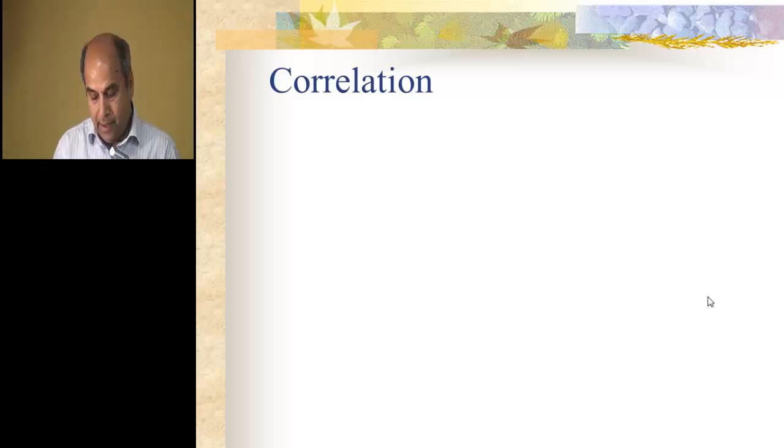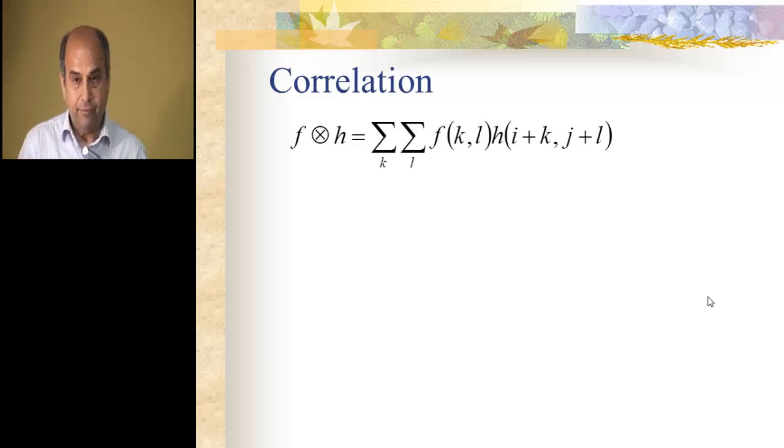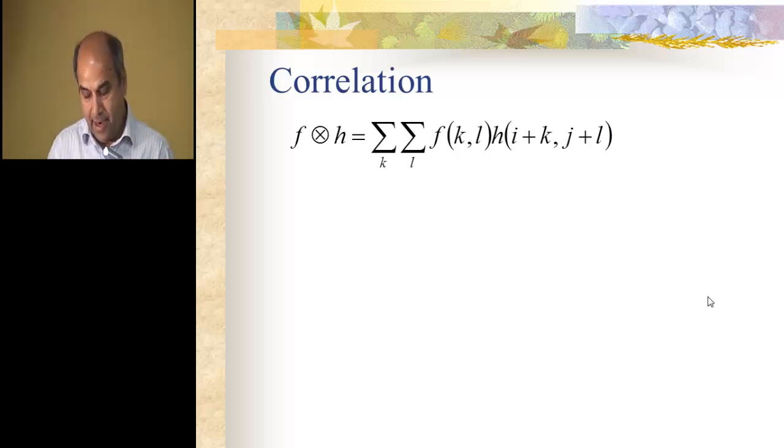Now there's this notion called correlation, and that essentially does this. We have f, which is our image, and h is its mask. When we apply this, as you saw, we go through every row and every column in the 3 by 3. When you go through each row, that's one summation, one loop, and given a row, you go through every column, another loop.